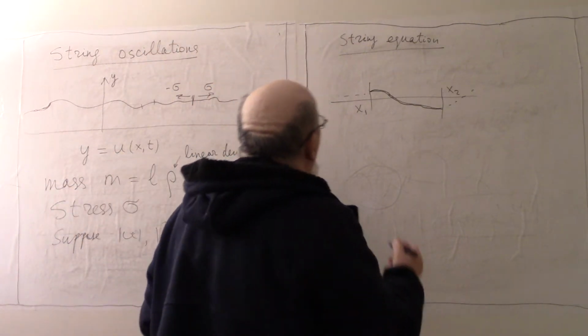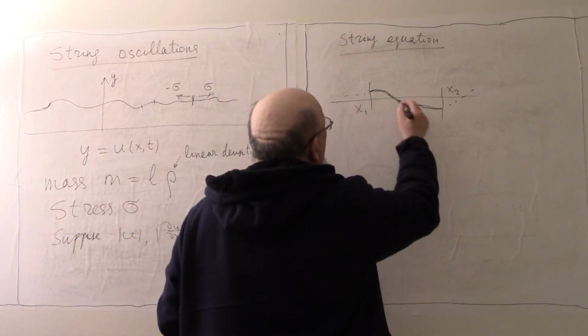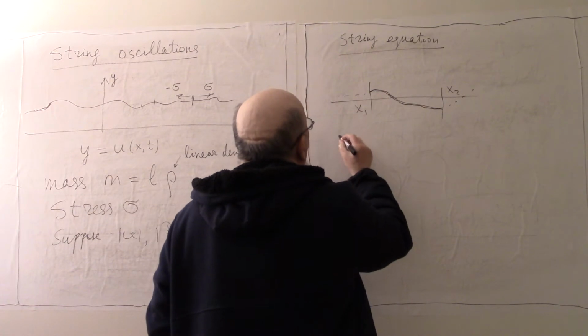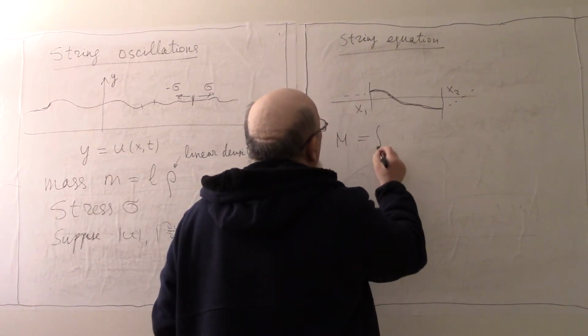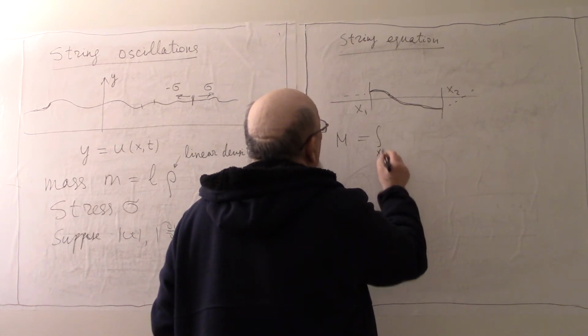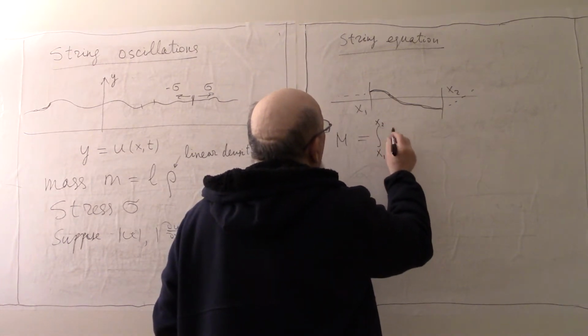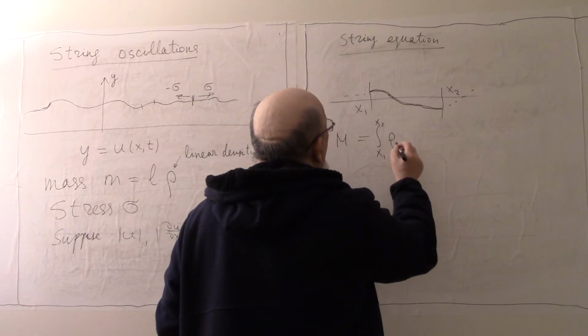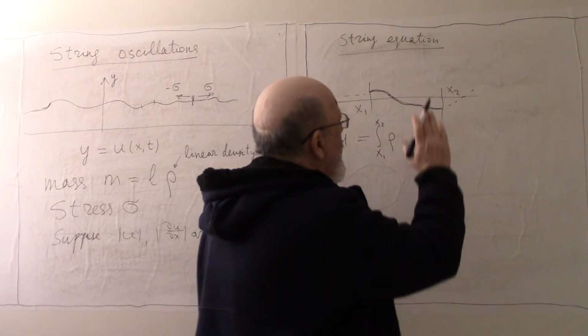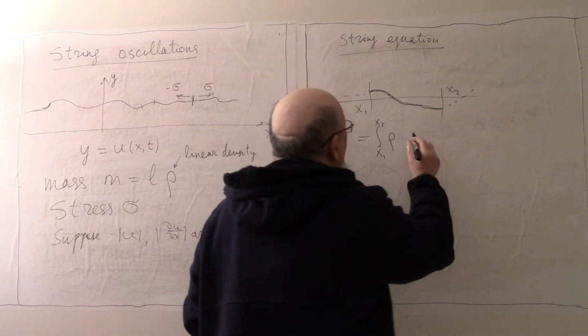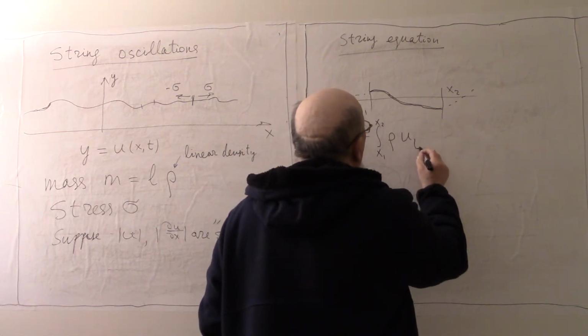So the momentum between x1 and x2 equals the integral from x1 to x2 of rho times the velocity. And what is the velocity of the string? It is u_t, du/dt.